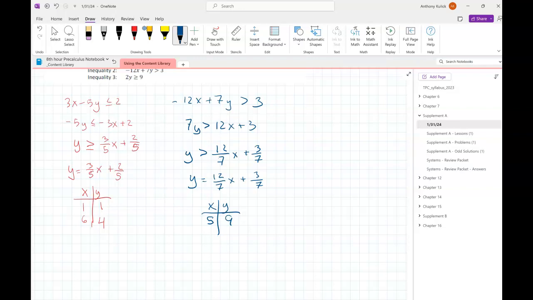And then if I go the opposite way, let's see. There we go. If I do -2, -2 times 12 is -24/7, plus 3/7 is 21/7, which is -3. Fantastic.